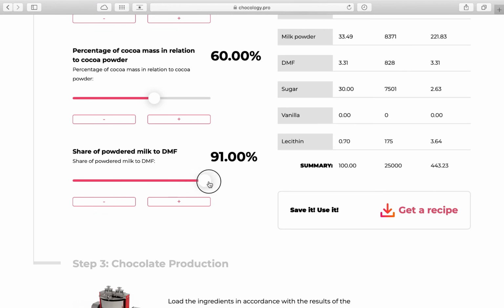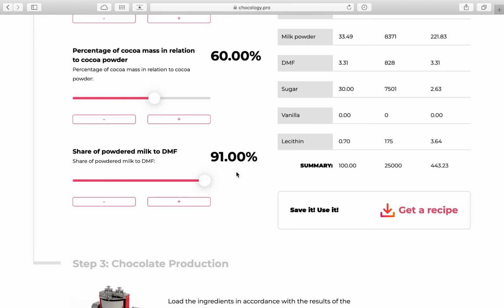Please note that if we put the amount of milk powder to the maximum, then there will be 30% of sugar. In case you think that it is not enough, you can simply reduce the milk powder content, thereby making space for sugar. But then, again, our parameters that we previously set are all saved.